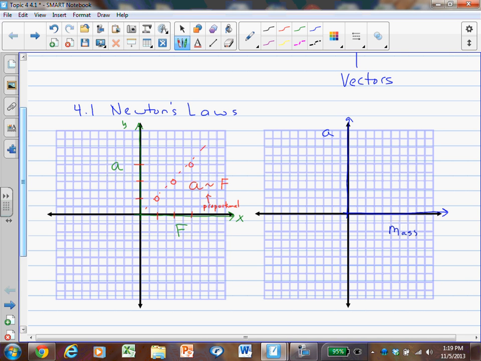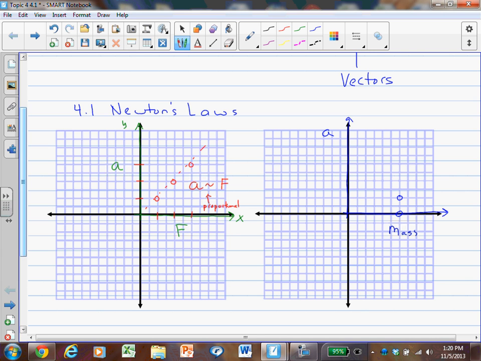Now, if you apply a constant force to a very large mass, let's say out here, well, the acceleration you would get would also be small. Okay?